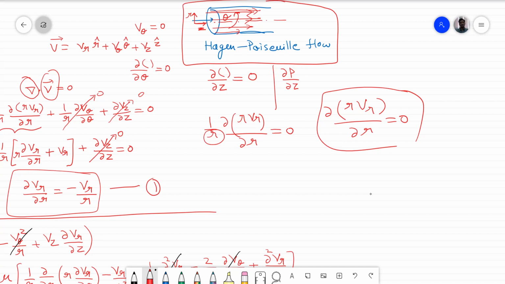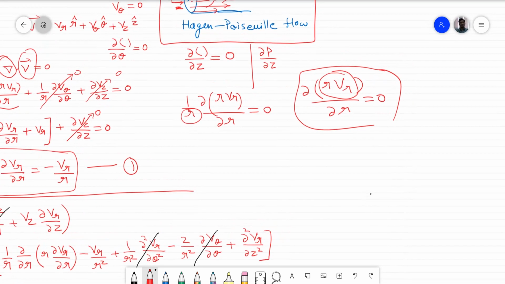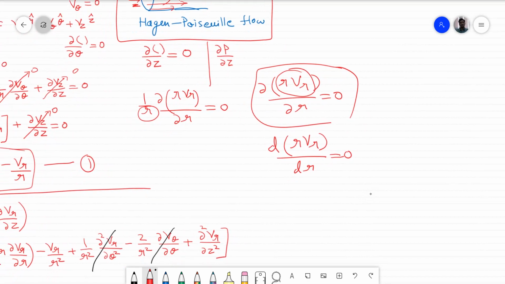Therefore this means that the quantity r Vr does not change with r. You can convert this into a total derivative as well: d(r Vr) by dr equal to 0, and then you can say that r Vr is equal to a constant.